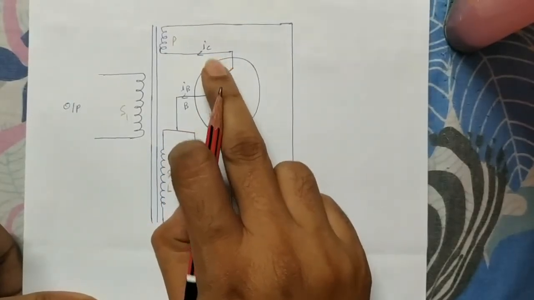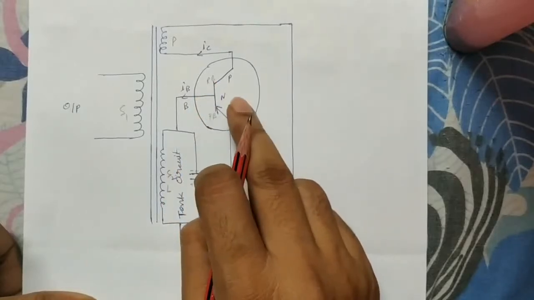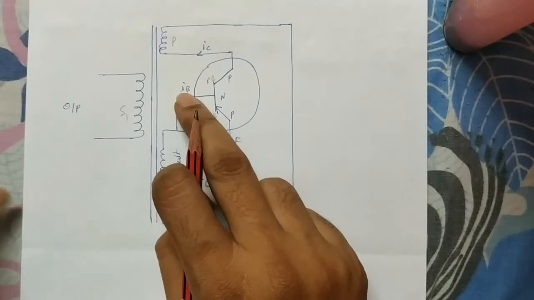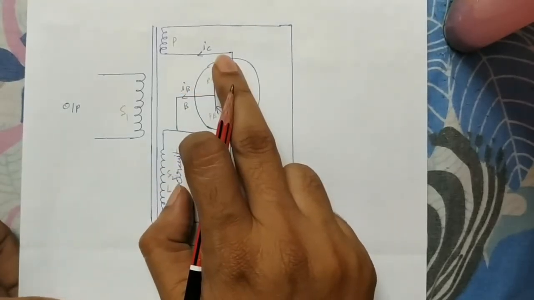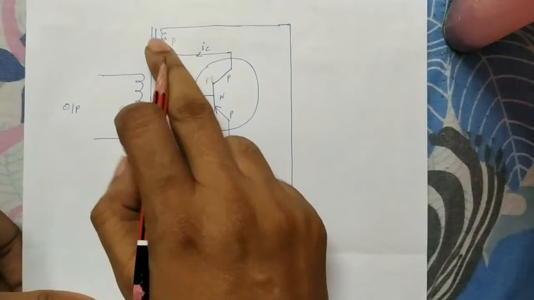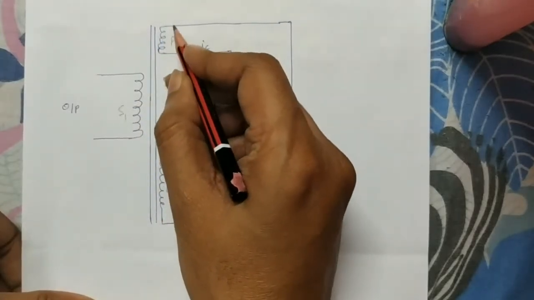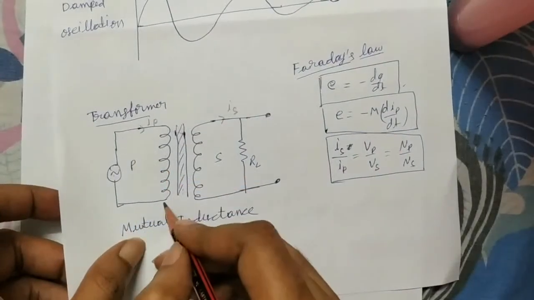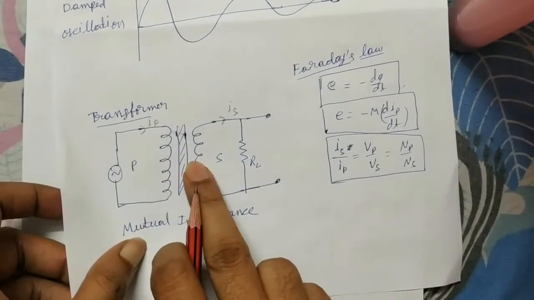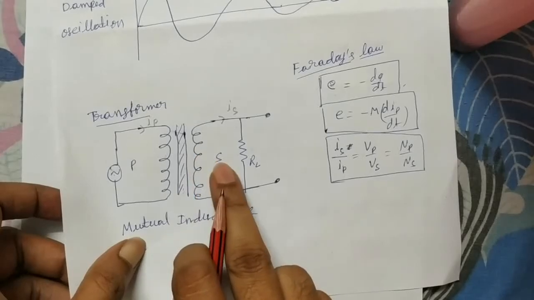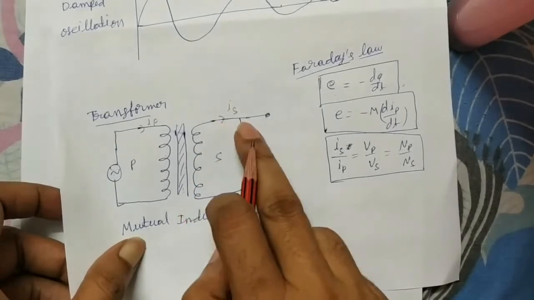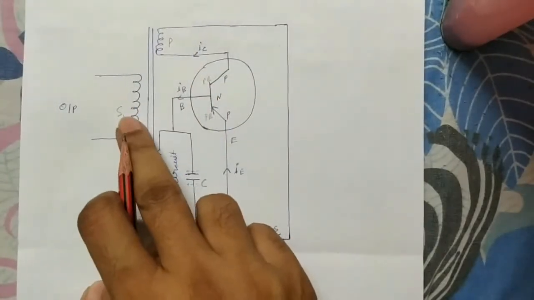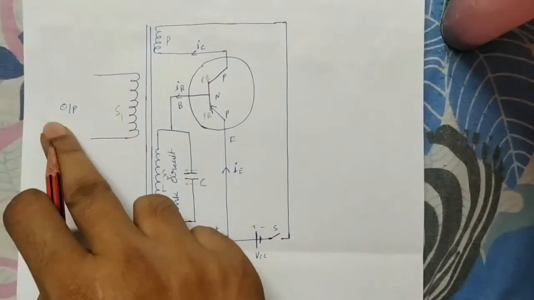Because this is a common emitter configuration: the input current is small and the output current is large, so a little change in I_B means a huge change in the collector current. Whenever the collector current changes, the current flowing through the primary coil changes, which creates a changing magnetic field. Due to that, the magnetic flux changes in the secondary coil, so a current is set in the secondary coil because of the change in current. So we get the output here.